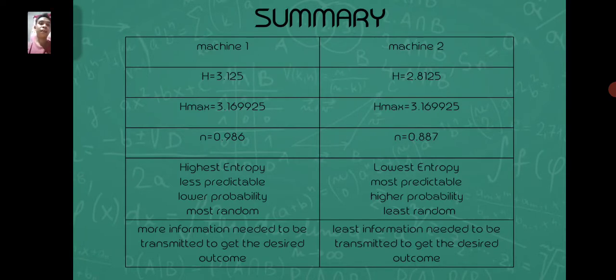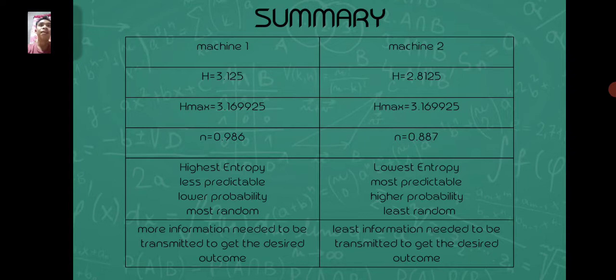So, summary: machine 1 and machine 2. The entropy of machine 1 is 3.125, and the entropy of machine 2 is 2.8125. To get the maximum entropy, we will use the formula H equals log base 2 of M, where M is the number of resulting letters.